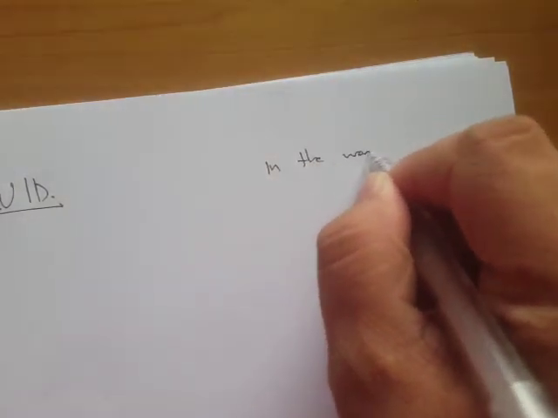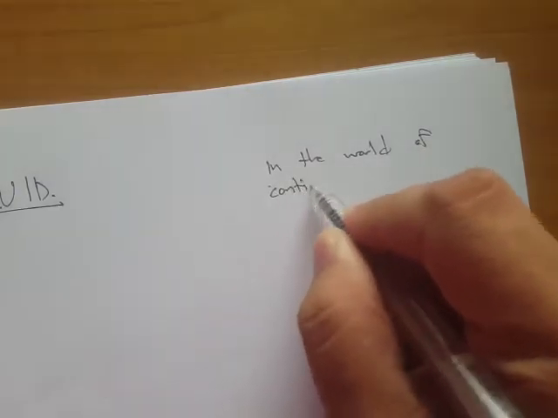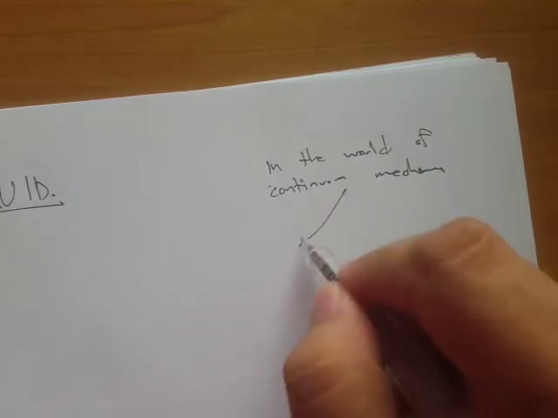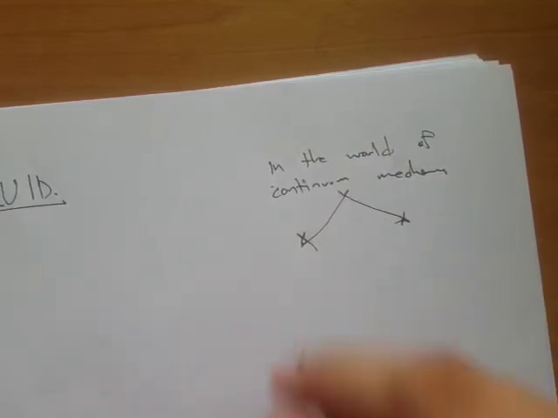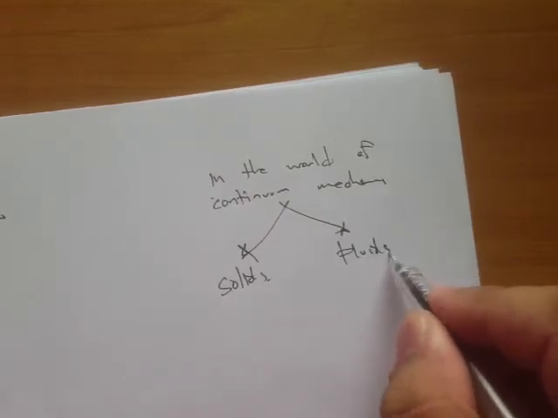In the world of continuum mechanics, we only have two types of bodies, or two types of matter, and that's solids and fluids, right?